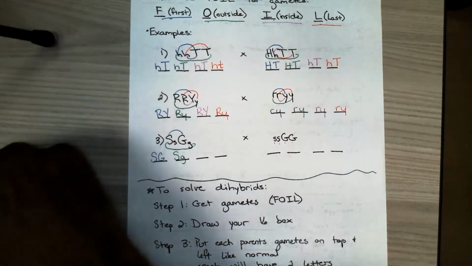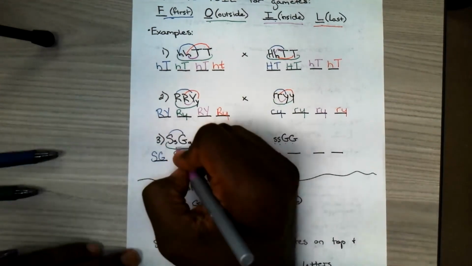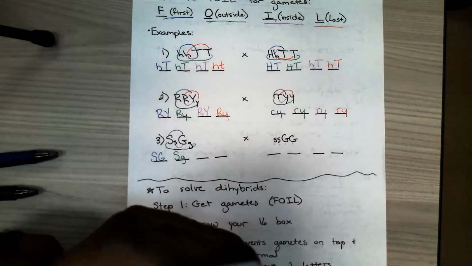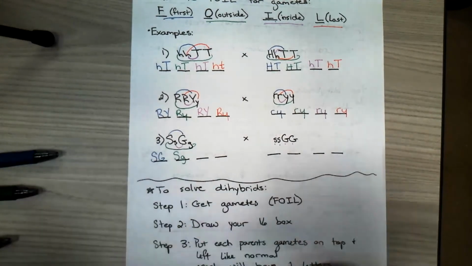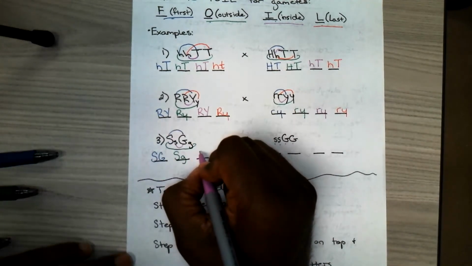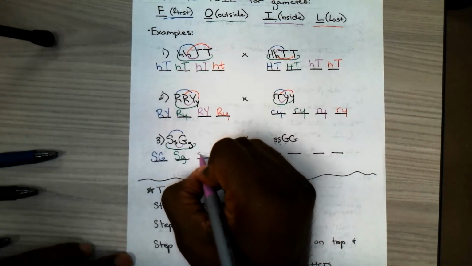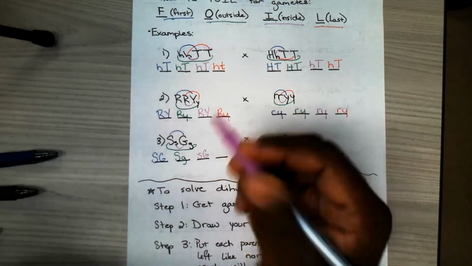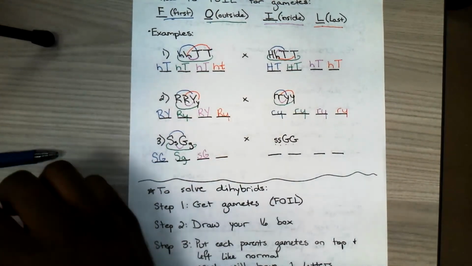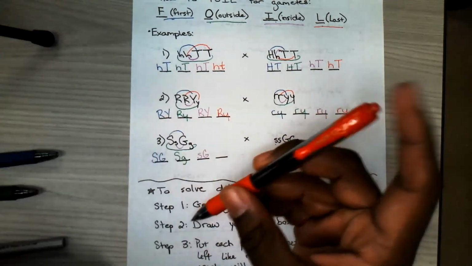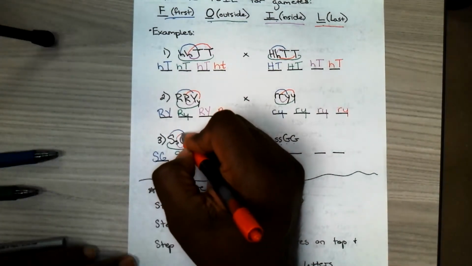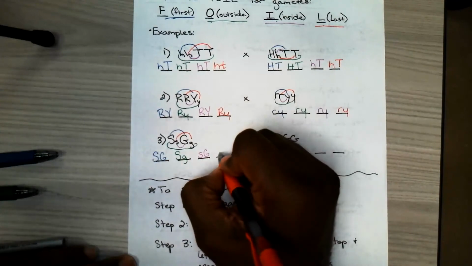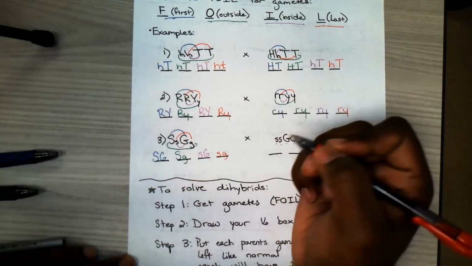We're going to go inside. Gives us little s, big G. And then we're going to go last out here for little s, little g.